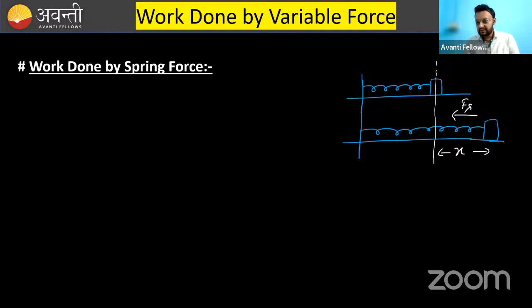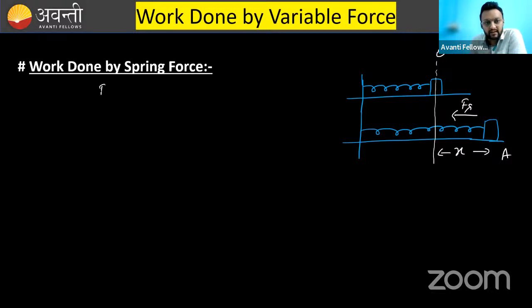The block is being stretched slowly from point O to point A. So let me know how many of you understood that this spring force is variable.